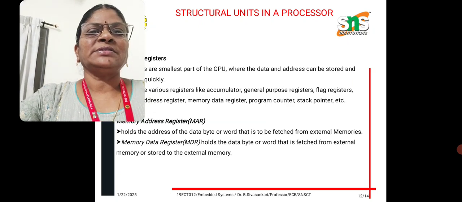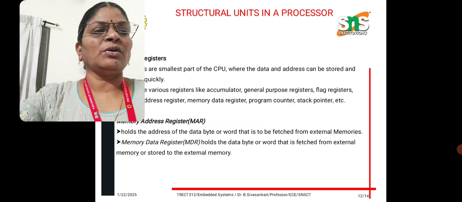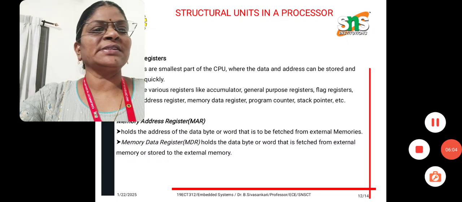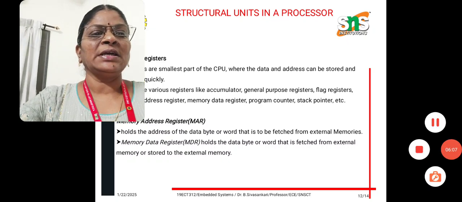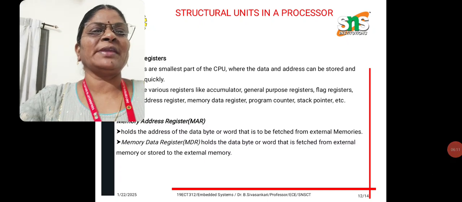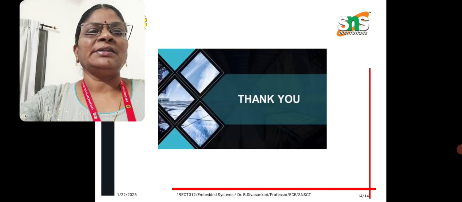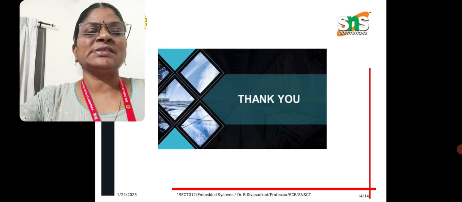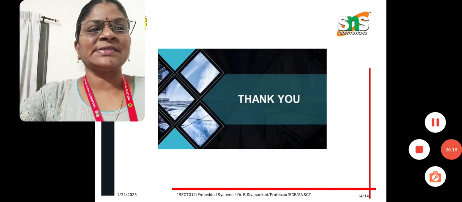So these are all the types. And the last one is MAR, that is memory address register. It holds the addresses of the data byte or word that is to be fetched from external memories. And these are all about the structural units of an embedded system. Thank you.